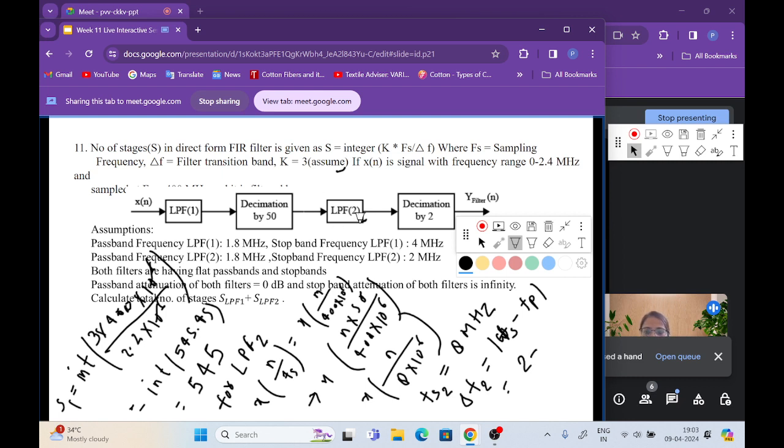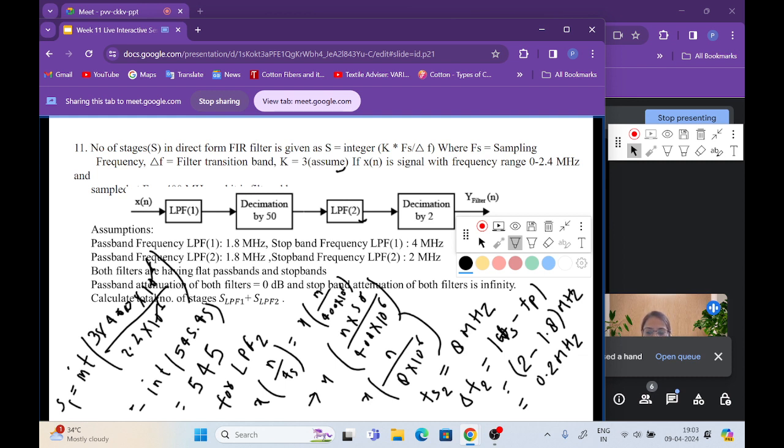For low pass filter 2, the stop band frequency is given as 2 megahertz, and the pass band frequency is given as 1.8 megahertz. So the value is 0.2 megahertz. The transition band for low pass filter 2 is 0.2 megahertz.